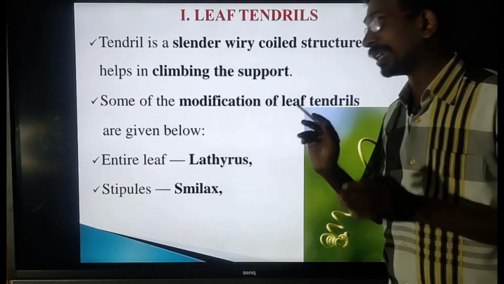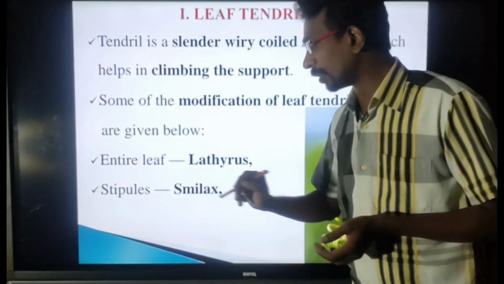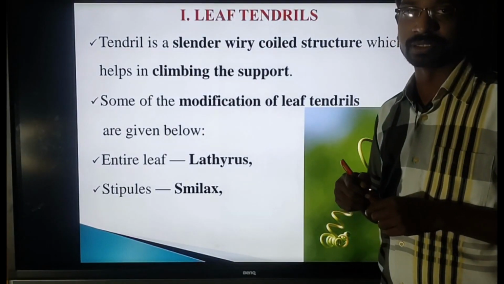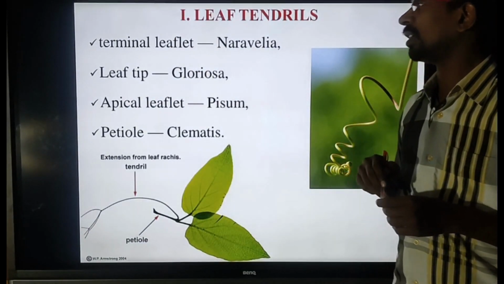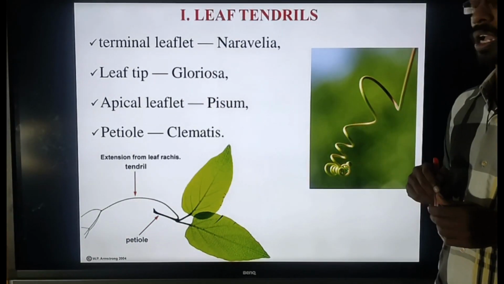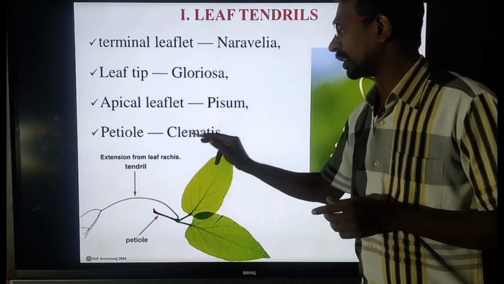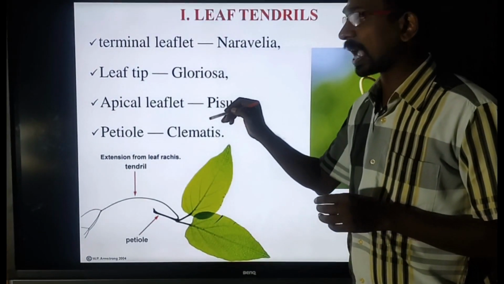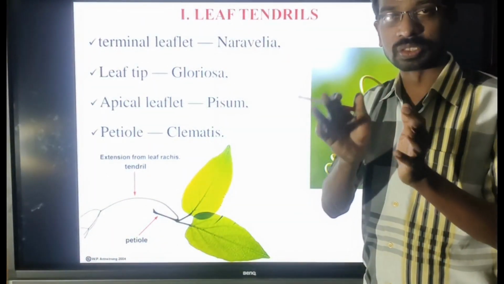Entire leaf in Lathyrus, sweet pea; stipules in Smilax. In the Smilax plant, the stipules are modified into tendril. Terminal leaflet in Nepenthes, leaf tip in Gloriosa, apical leaflet in Pisum, petiole in Clematis. So for each plant, a different structure of the leaf is modified into tendril.